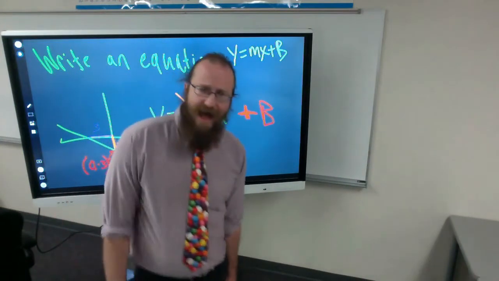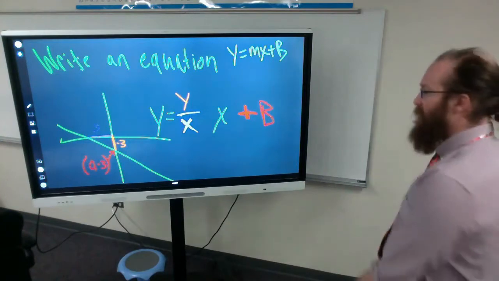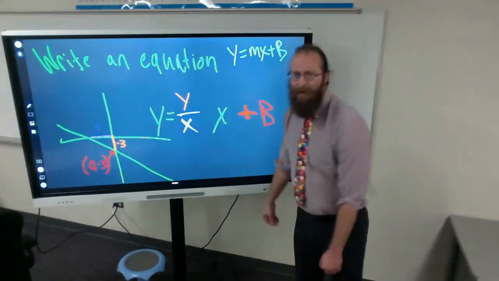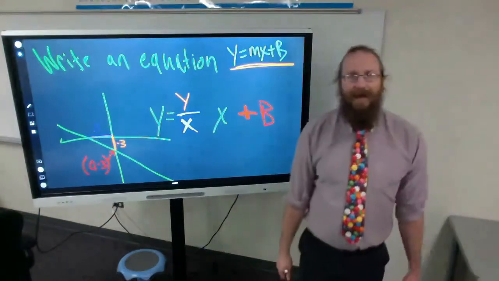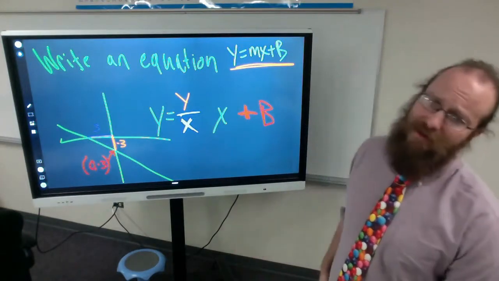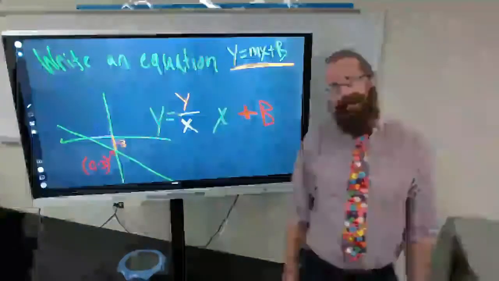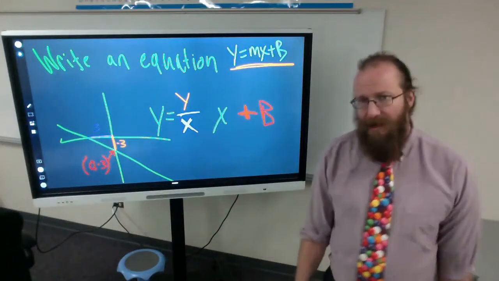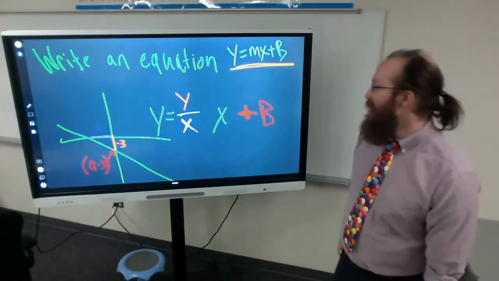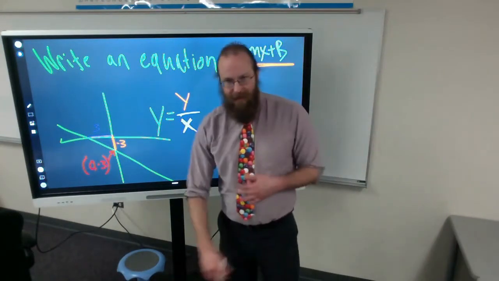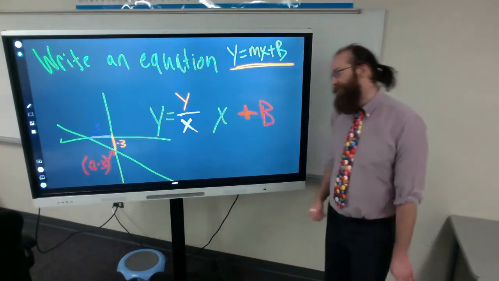So here I have a line and our equation. Remember, our equation for a line is always going to be y equals the slope times x plus where it crosses the intercept. So y equals mx plus b is one of the greatest things of 8th grade algebra. So over here we have a line, and I'm going to ask you guys to do this on your own.